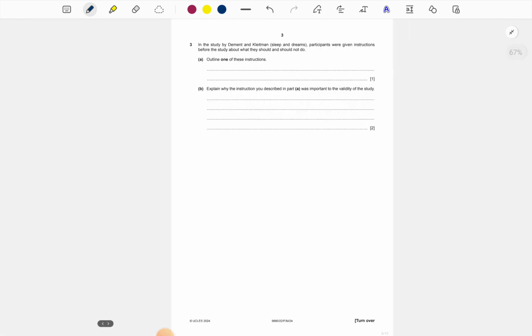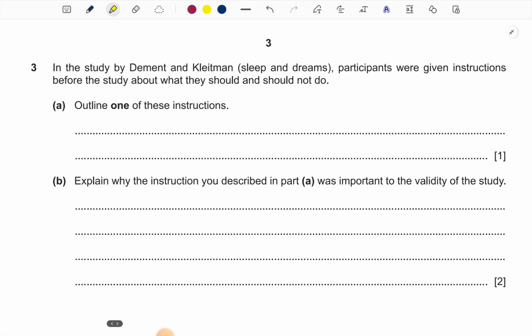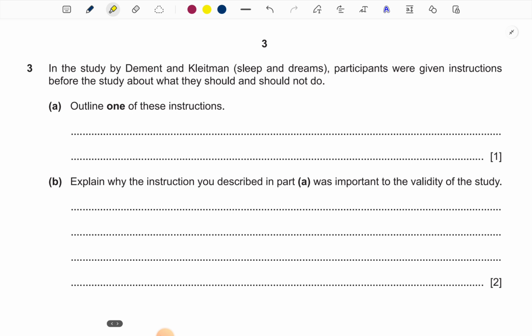Okay, the next question is again directly from course studies. Like I said, they've introduced many questions from course studies. In the study by Dement and Kleiman, participants were given instructions before the study about what they should and should not do. Outline one of these instructions. As far as I remember, one instruction is about coming to the laboratory a little before bedtime.